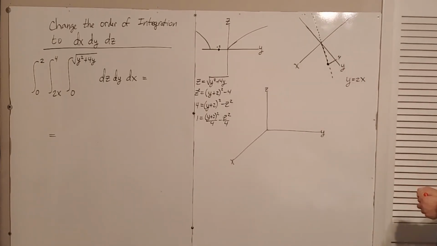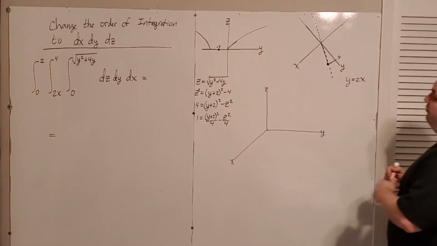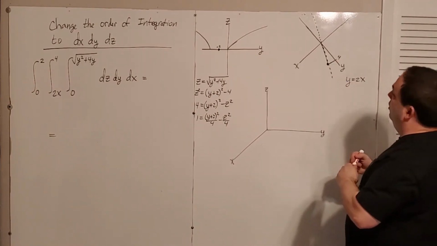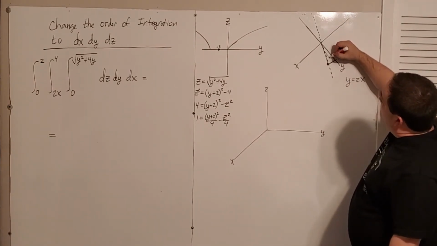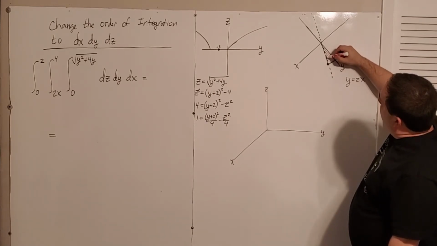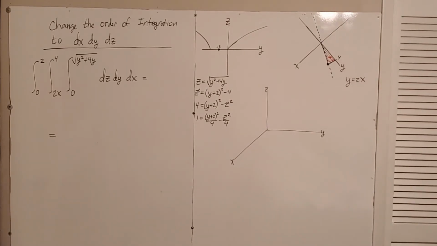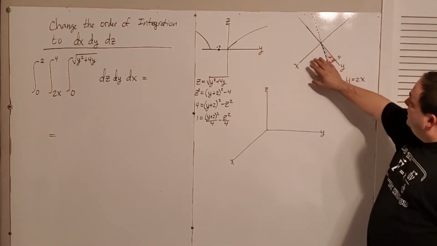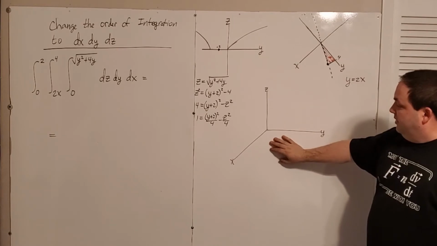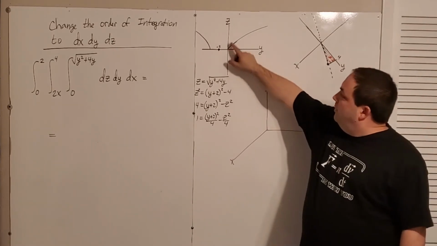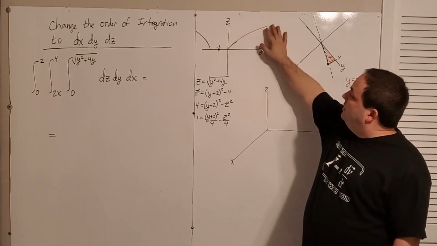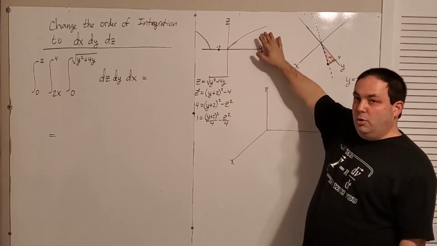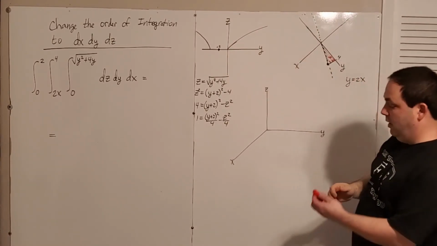And the region that we're talking about is from 2x up to 4 in the y direction. So we're talking about this region here, like this, right? Okay. So as you can see, that's only in that first quadrant. It's only going to be in this first octant, which is why between z and y, I'm only going to be using this side of the hyperbola and only the top half, right?